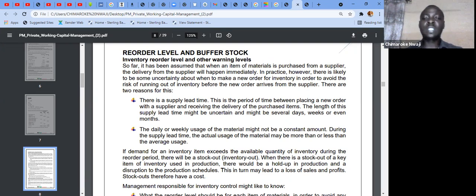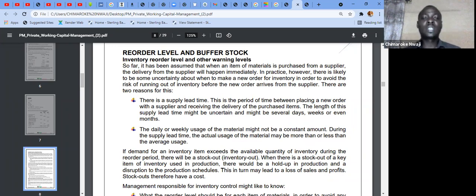In practice, there is uncertainty as to when this order is going to come. And so you want to avoid the risk of running out of stock before your stock comes.